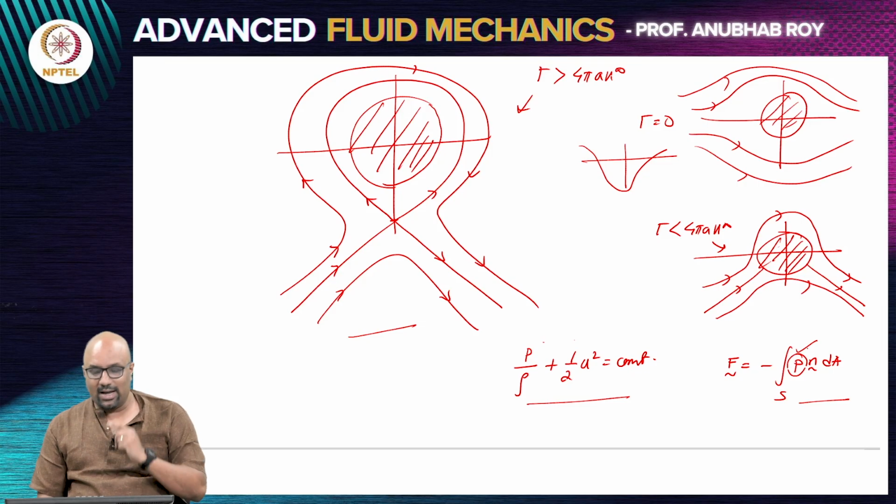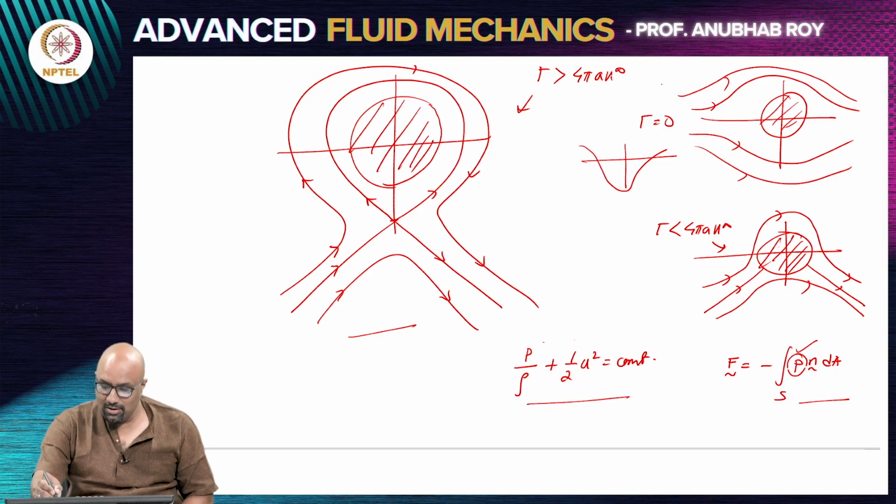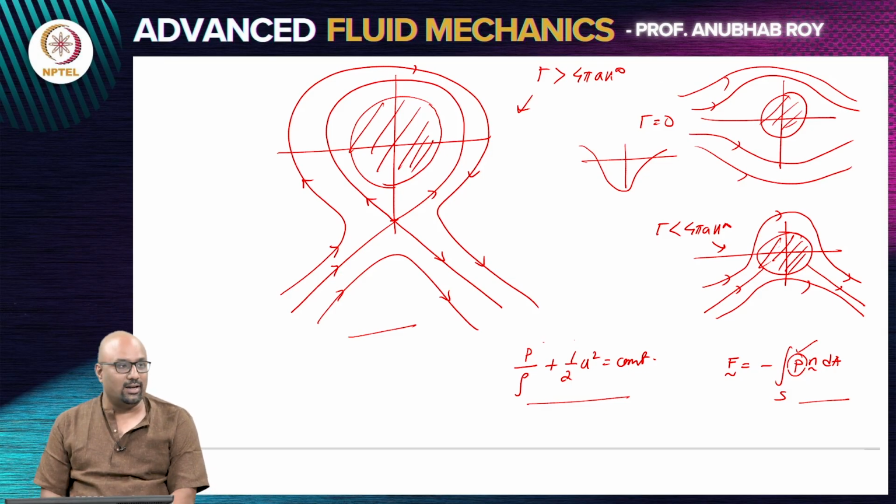Now, look at the streamline pictures that you have before we do an integration. The streamline pictures that you have for the cases with circulation, they are preserving left right symmetry. All of them have left right symmetry, and that is not surprising. We have added to this a potential vortex or a point vortex, and the point vortex is obviously something that will not break the symmetry from left and right.